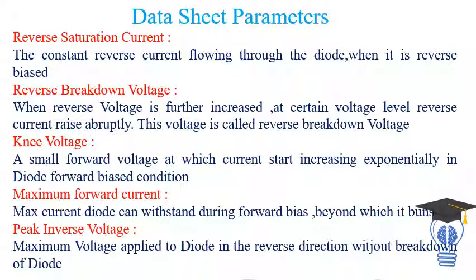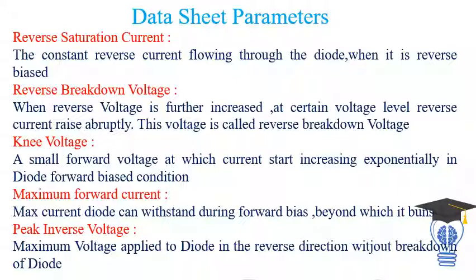Knee voltage is the built-in voltage below which the diode will not conduct in the forward bias region. That small forward voltage at which current starts flowing in the diode in the forward bias condition is called the knee voltage. Maximum forward current is the maximum current you can pass through a diode when it is forward biased.